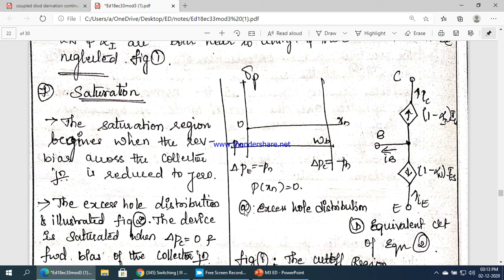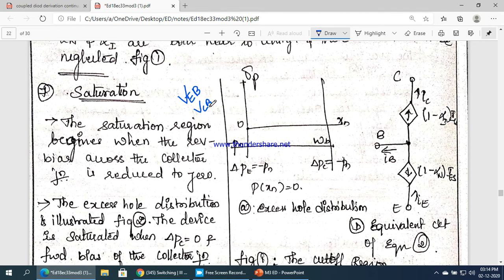Now the saturation. In order to operate a BJT as an on switch, we need to operate the BJT in the saturation region. Saturation region, in the sense, there are two junctions, VEB and VCB.